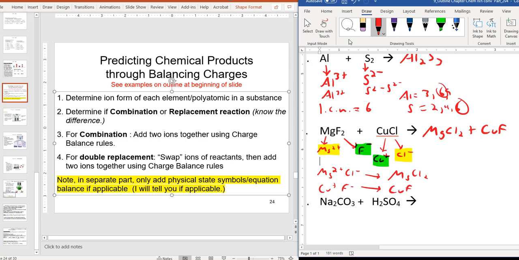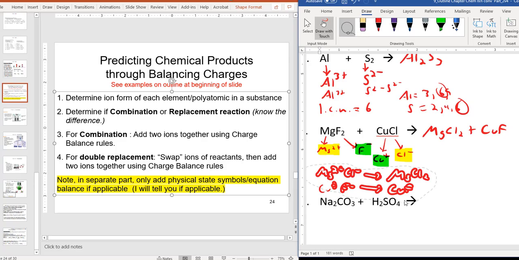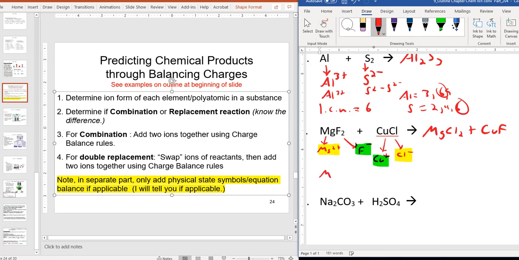Now, another way of doing it to help speed you up is to just simply write the broken up magnesium and then fluoride here, copper chloride here, and then you just kind of circle across.